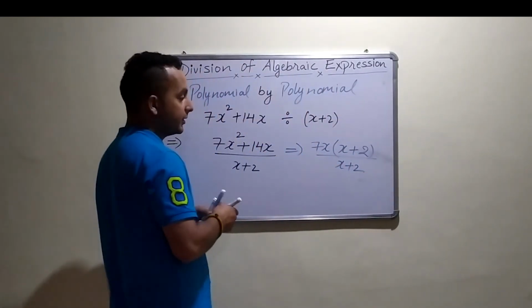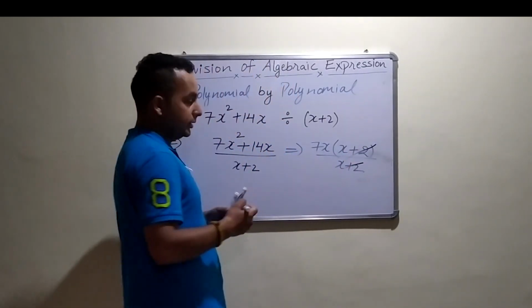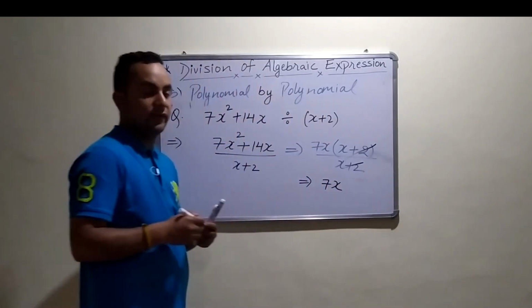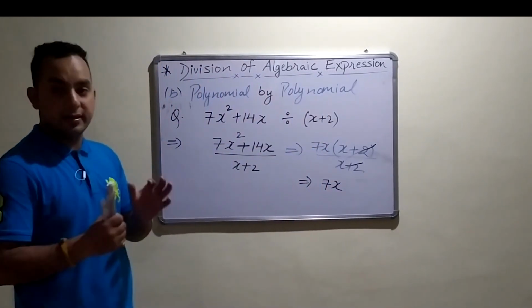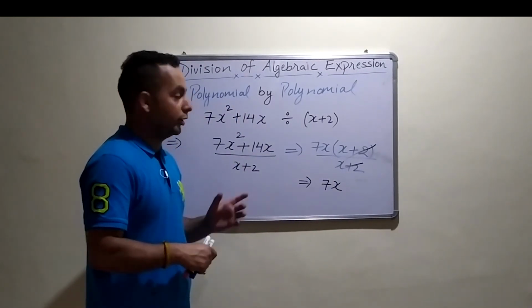The x plus 2 and x plus 2 both cancel because they are common. So at last, your product is 7x. This is your answer, and this is how you're going to solve polynomial by polynomial.